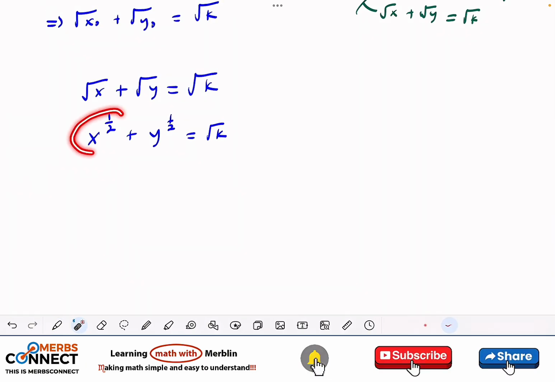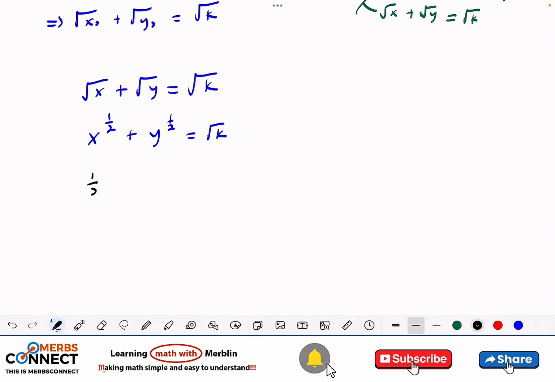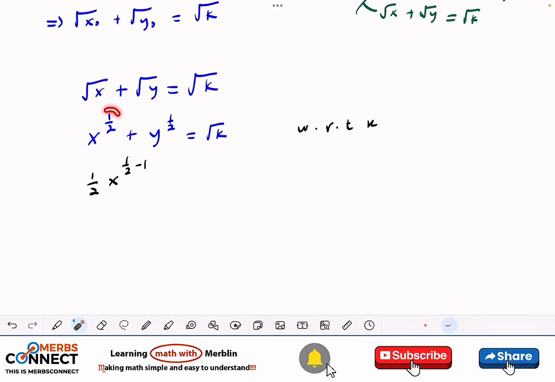I want to differentiate this. What am I going to get? Power rule, 1 over 2 drops down, and then 1 over 2 minus 1. But remember, we are differentiating with respect to x. So when I differentiate this, this is what I'm going to have.